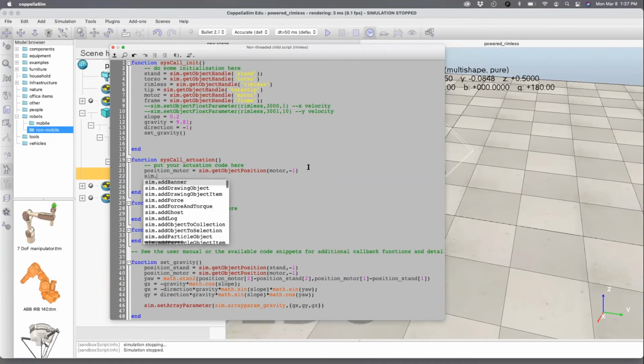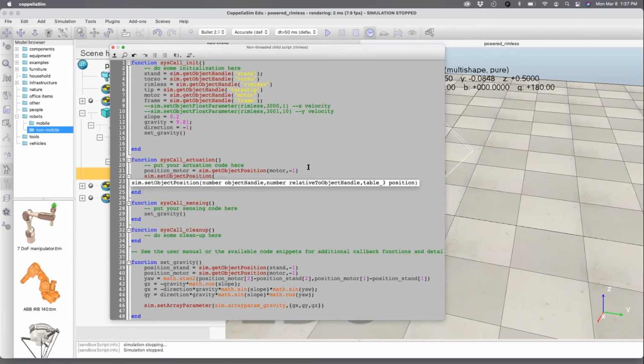And then we just set the position. So sim dot set object position, and we want to set the object to be the frame, and I think the syntax is with respect to the world frame, so -1. And then you need to set what exactly you want to set: the position of the torso, to whatever you want it to be. In this case, it's going to be the x, y, and z coordinates.